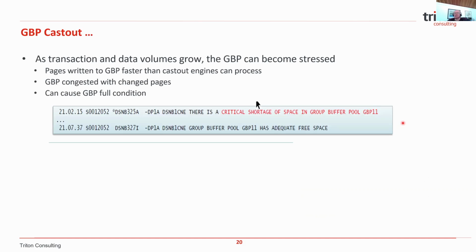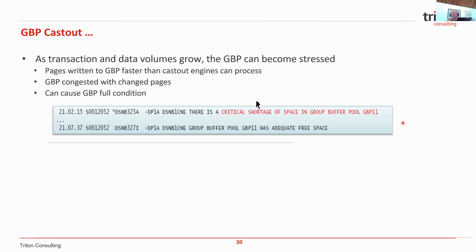So as transactions and data volumes grow, the group buffer pool can become more stressed. And then you can start to see messages like the DSNB325A message, indicating a critical shortage of space. And when the condition is relieved, you get the DSNB327I message telling you there's now adequate space.